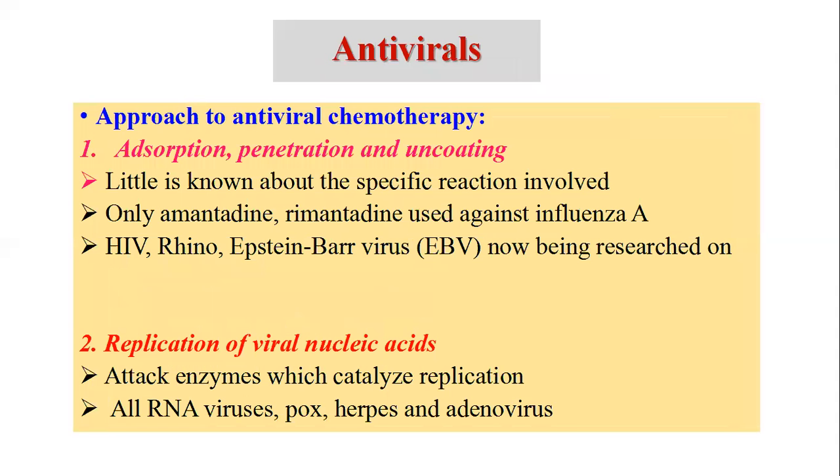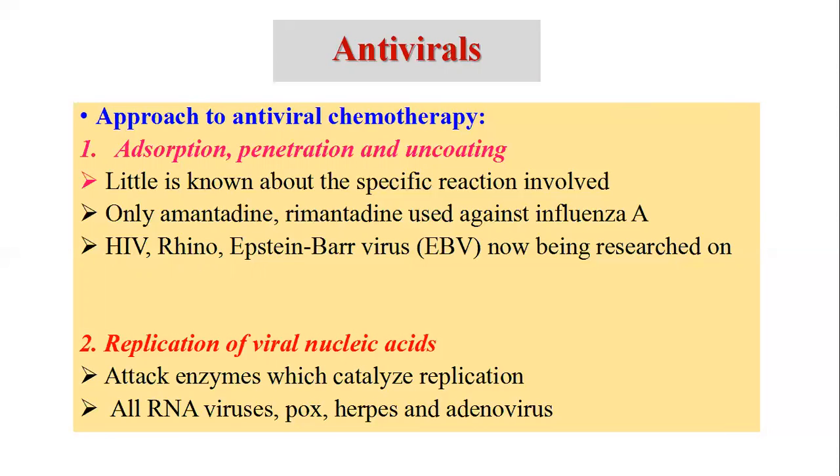So first we will start with antiviral agents. What are the approaches to antiviral chemotherapy? The first approach is adsorption, penetration, and uncoating. To date, little is known about the specific reactions involved during these processes.